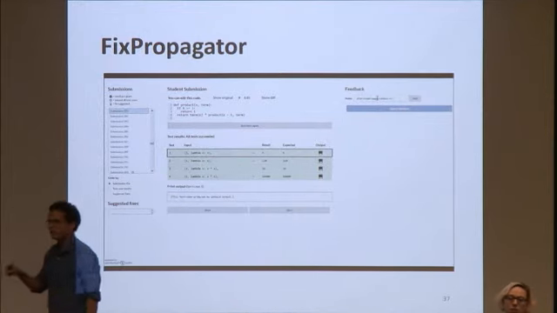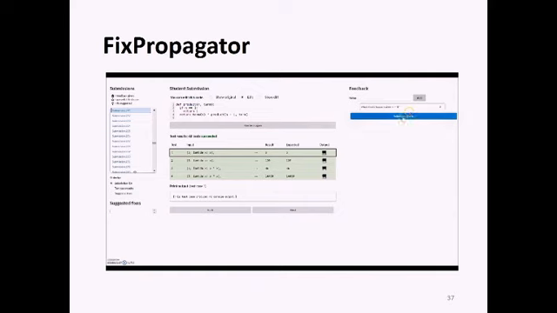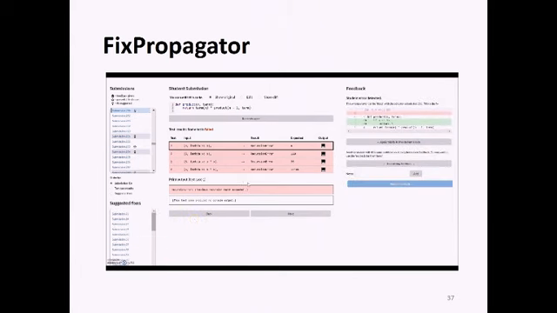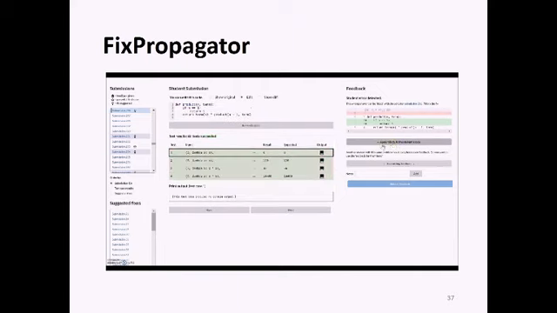When they submit the corrected code and feedback, we use this as a pair of examples, and then the teacher can look at other submissions that can be fixed using this transformation. They can reuse the transformation, apply the fix to another submission, and send the same feedback to this other student.